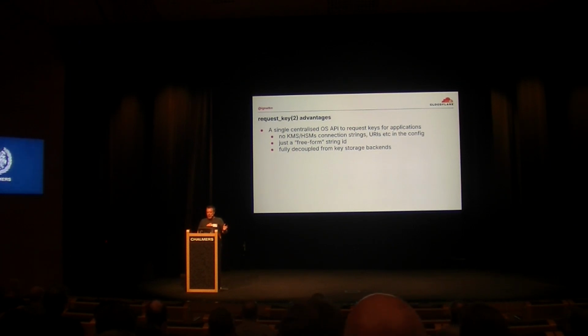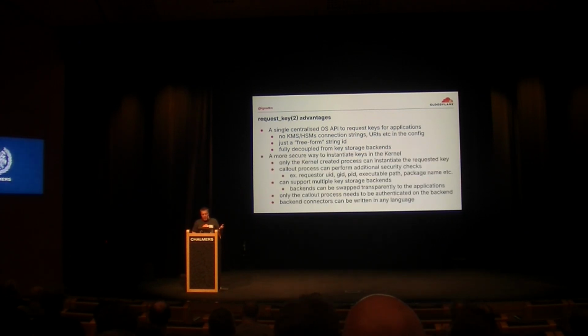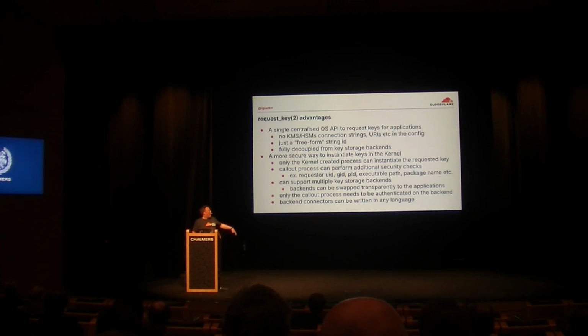It's fully decoupled from storage backends, and as an admin, you can easily migrate from one backend to another without any changes to your consumer applications, with no code changes. And it's a more secure way to instantiate keys. The kernel has a special set of credentials which allows only that request-key binary to instantiate keys, so there is little room for attackers to chime in and steal the information.